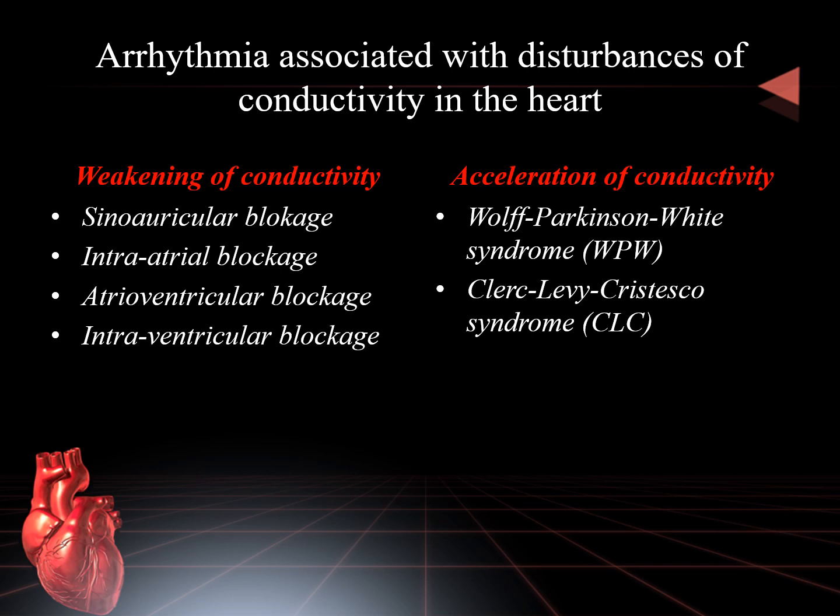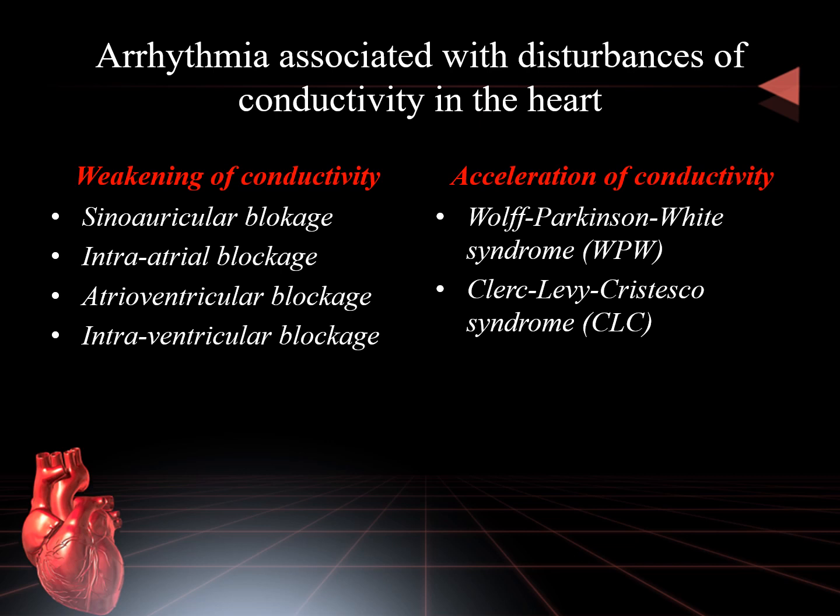Arrhythmia associated with impaired conduction of the heart can be manifested by blockade in the transmission of impulses or an acceleration of their conduction. In blockades, the transmission of impulses along the conductive system slows down or completely stops. The main reasons for the development of heart block are associated with functional or organic changes in the conductive system.